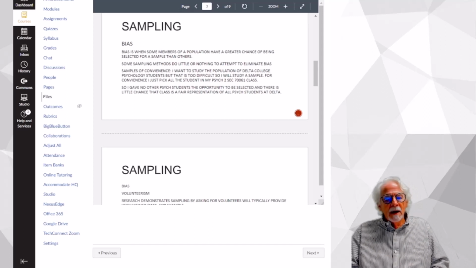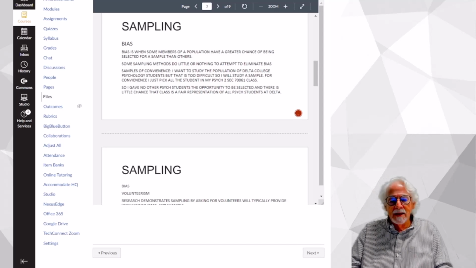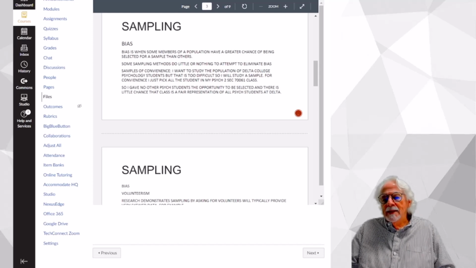So, the thing with samples is we are really trying to eliminate any bias, right? And bias is whenever one person in the sample has a better chance of being picked for the sample than another, right?